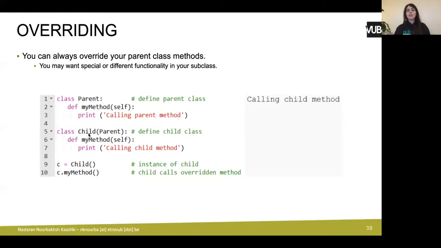We have a child class that inherits from Parent, and it has another function with the same name and the same parameters, and it's showing a message. So if I create an instance of the child class and call my_method, it will call the overridden method, the child method here.